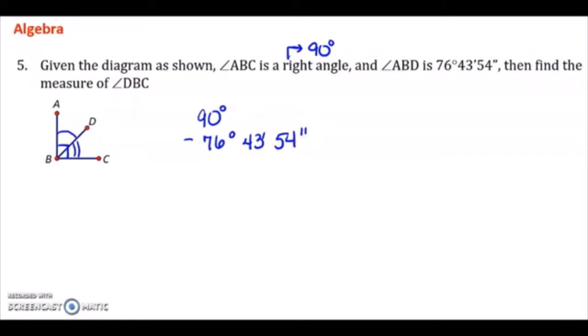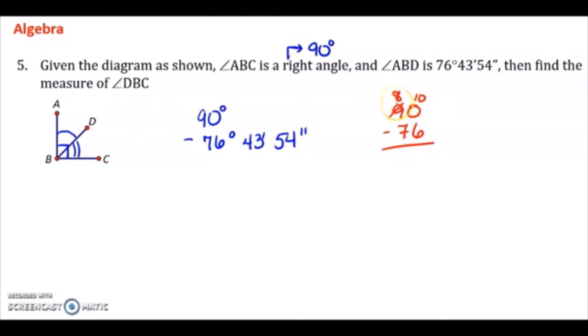I'll think back to what I do for subtraction of a base 10 problem. If I had simply something like 90 minus 76, I have to borrow, because I don't have any ones in the 90 here. I have to borrow from the tens position.